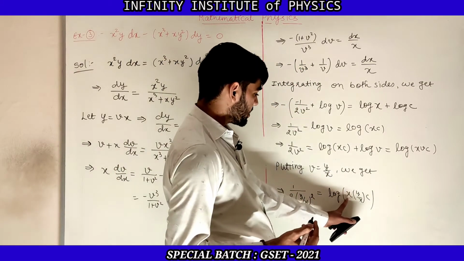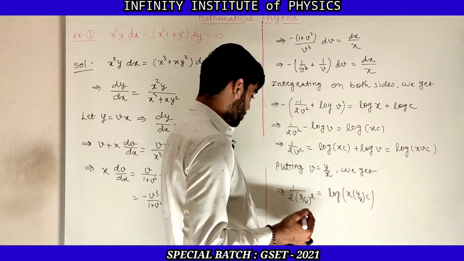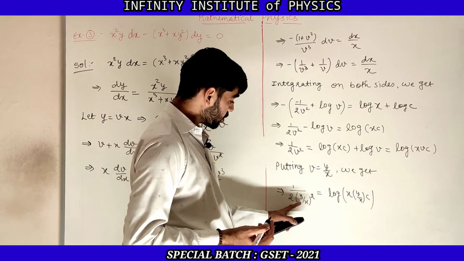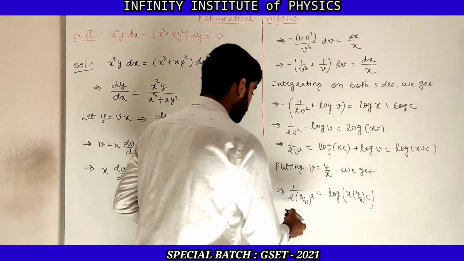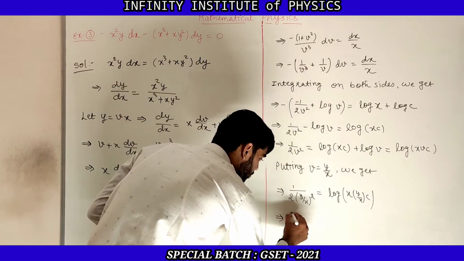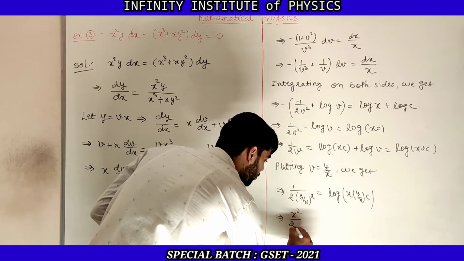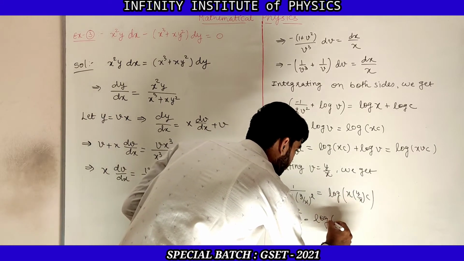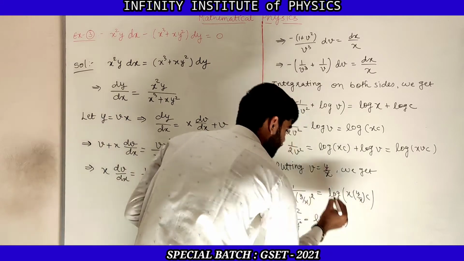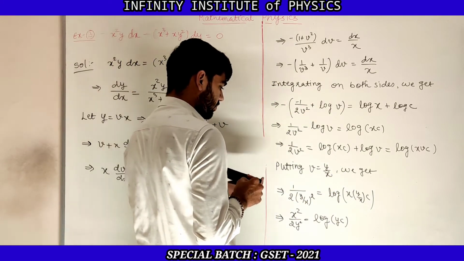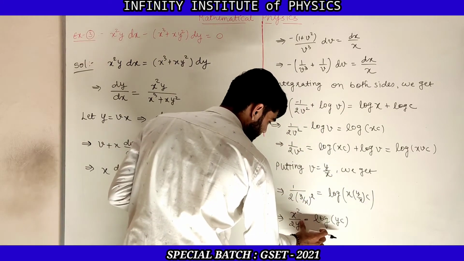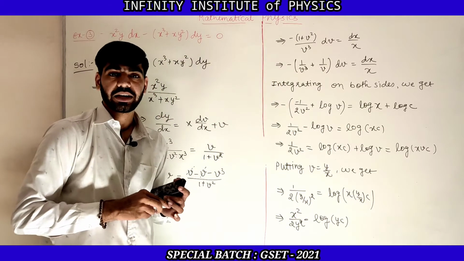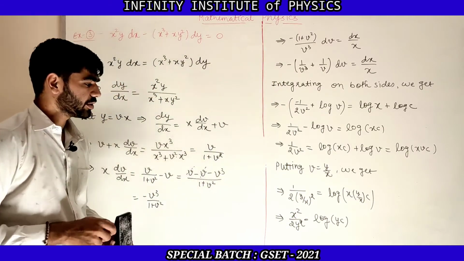So now here x we can cancel out, y by x whole square is y square by x square, but the denominator goes to the numerator, so it is x square by 2y square, which is equal to log of yc, and which is the required solution of the given differential equation.